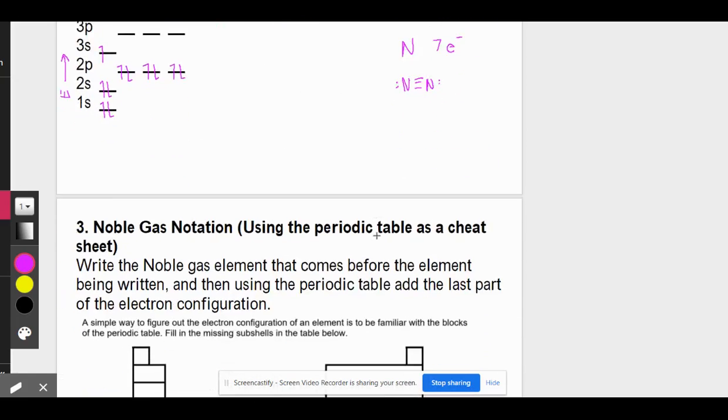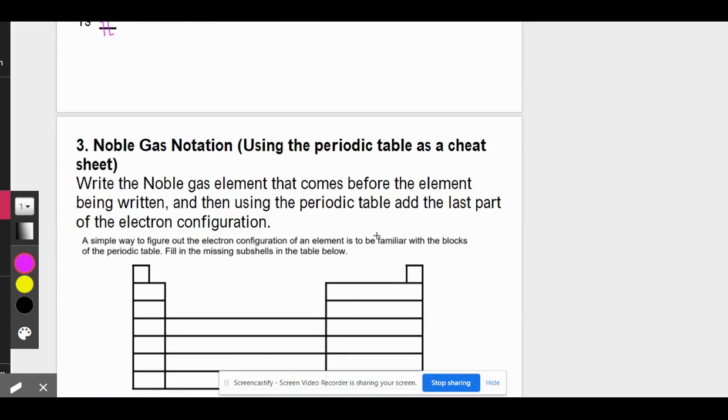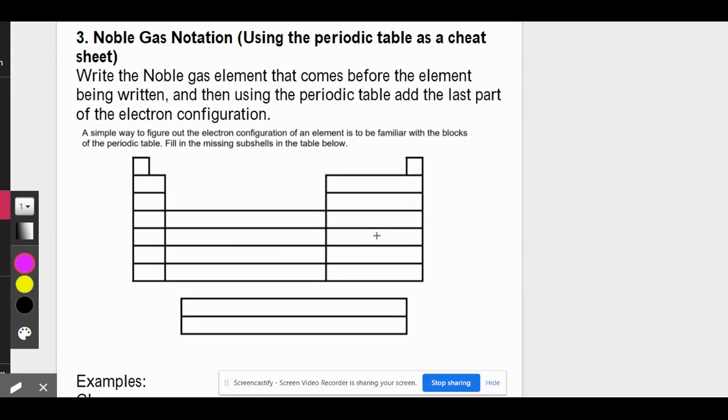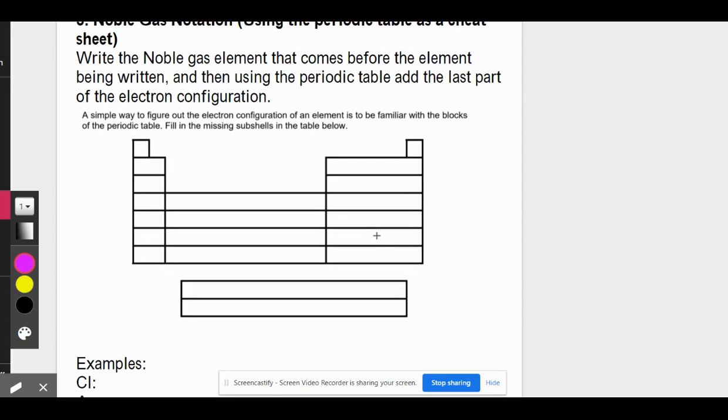All right. Lastly, the noble gas notation is where we use the periodic table as a cheat sheet. So we just need to know that the period corresponds, in most cases, to the energy level. Okay, so the period over here, these are almost always numbered. This is the period.